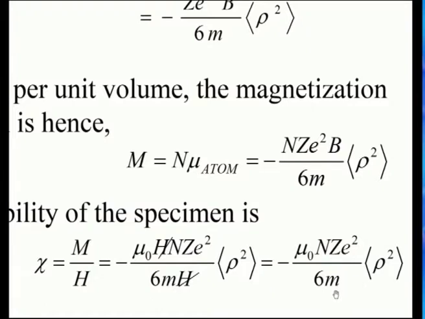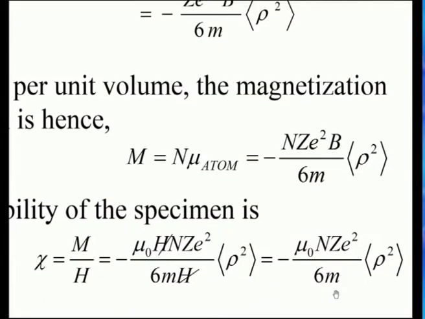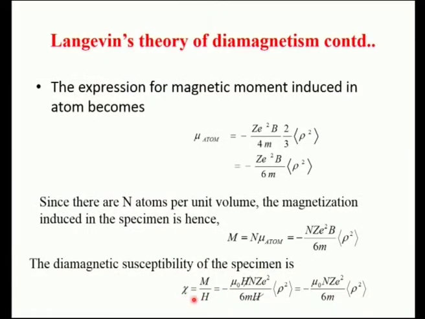So this is a simple result, and this chi, as we had seen, is independent of the temperature. There is no temperature factor in this, and these all come from the orbiting electrons in the filled shells. Therefore this type of magnetism is there in all materials wherever we have orbiting electrons in filled shells.